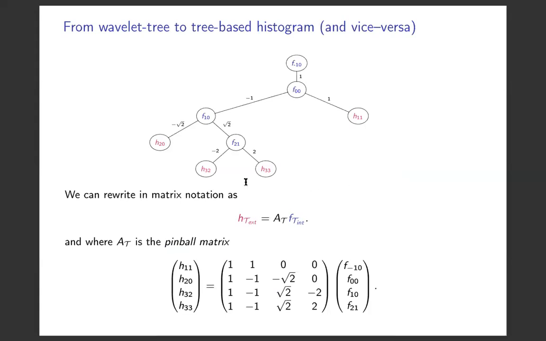But you could also, and that's equivalent, as long as you observe that I've added the root node here on the top of the tree, then the number of magenta nodes is equal to the number of blue nodes. That's just to say that there is a dictionary between these heights, which are in magenta, and what I wrote in blue, which is simply the wavelet coefficients of the resulting histogram.